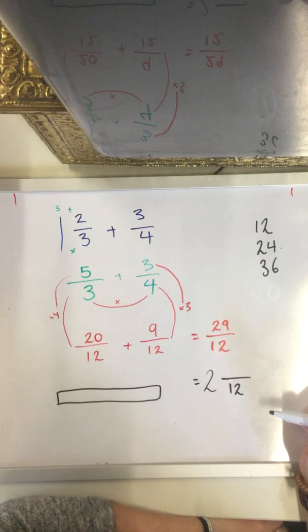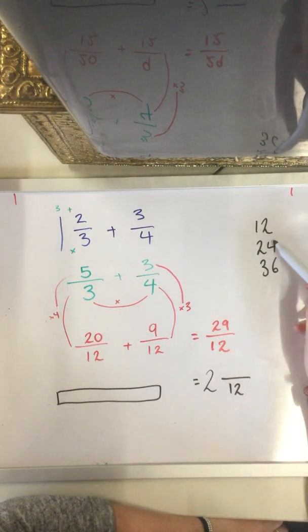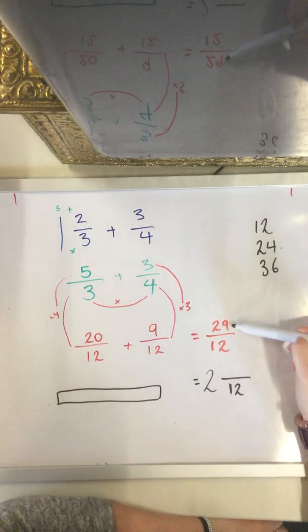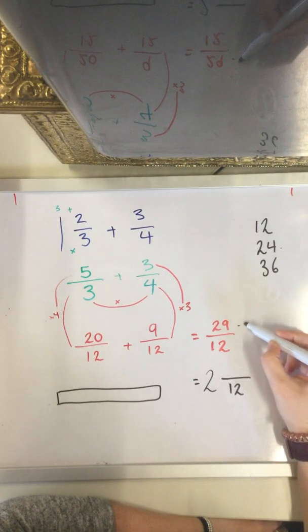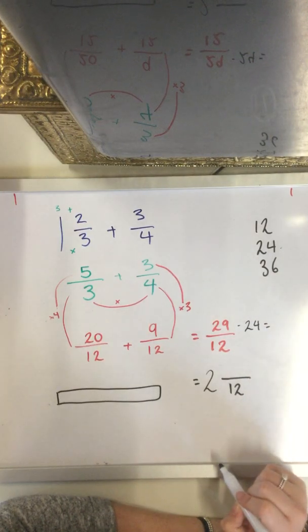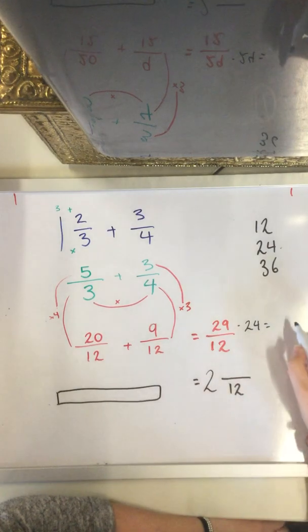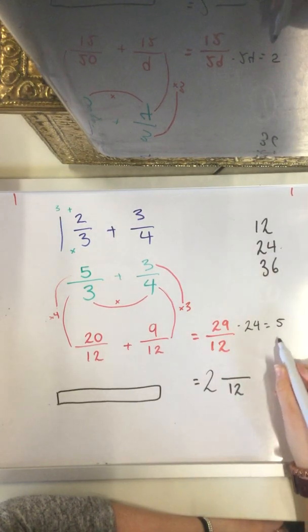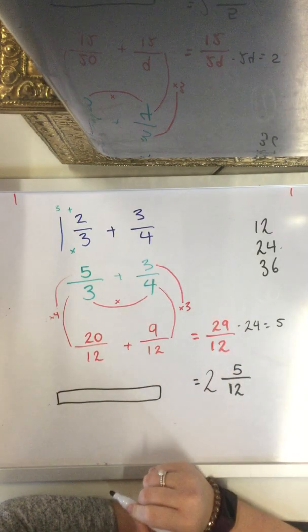It's going to stay as 12. So we've now got something left over. We know we've got 24, we've got 29, so you're subtracting those together. And I know that 29 take away 24 leaves me with 5. Therefore, my answer is going to be 2 and 5/12.